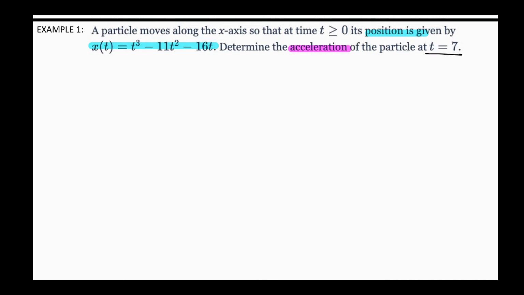So right now I have x of t. How do I find acceleration given position? How do I find acceleration when they've given me position? Second derivative, right? I'm going to need the second derivative to find acceleration. So that's my first step. Second derivative. So let's find the first derivative.